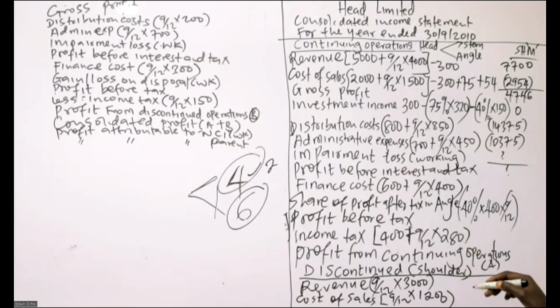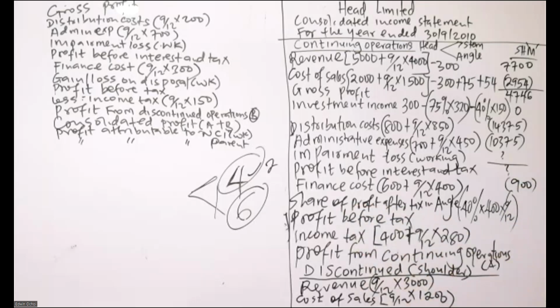Also, we cannot get this again because we don't have impairment. For us to get impairment, remember we have to do the working. You know that. So this is 900. So this is supposed to be deducted.